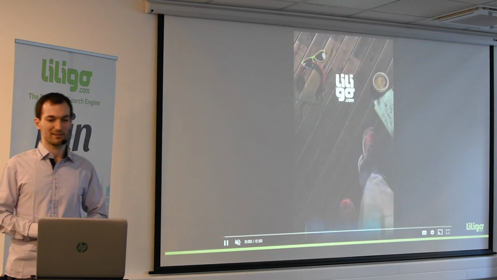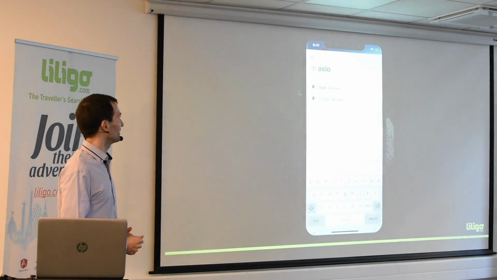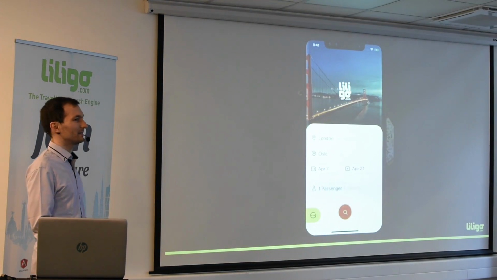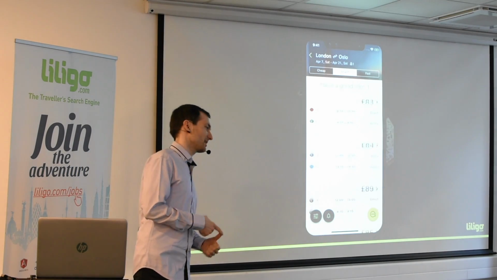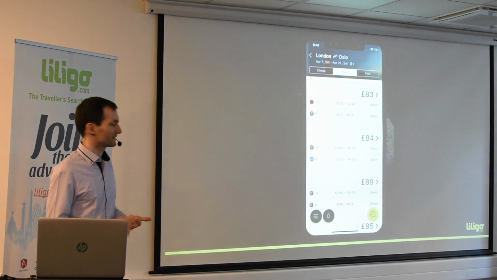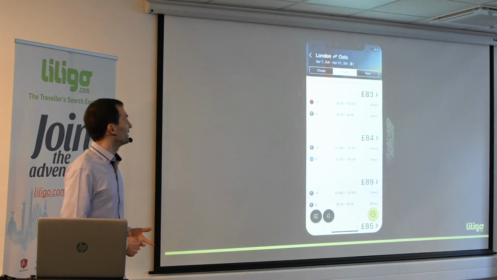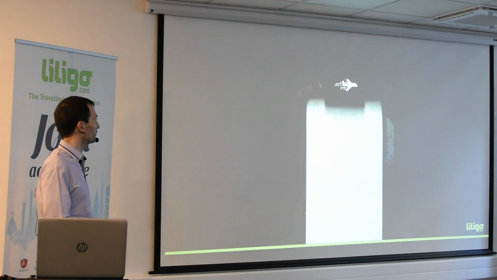So some words about the host of this meetup. Liligo is a search engine that lets you compare flight options and other transportation options, whether it is bus, train, car sharing or car rental, in one application.